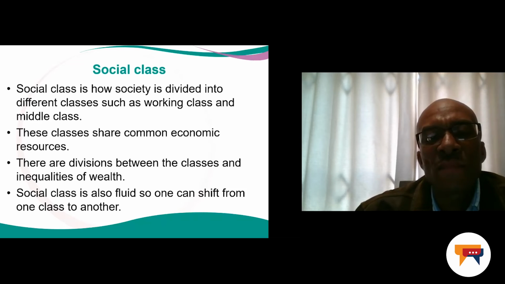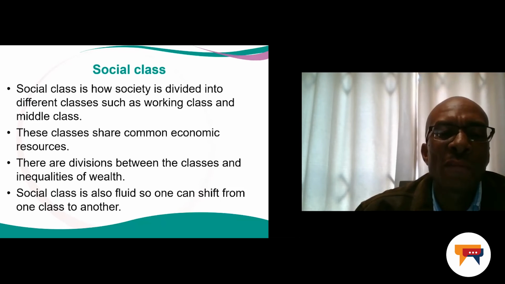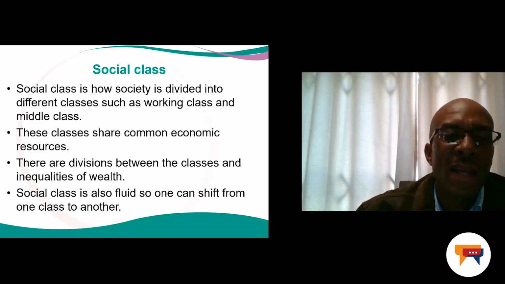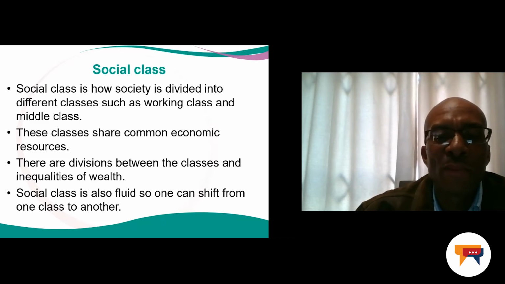These classes share common economic resources, and there are divisions between the classes and inequality of wealth. Social class is also fluid, so one can shift from one class to another. There is allowance for free movement amongst the classes.